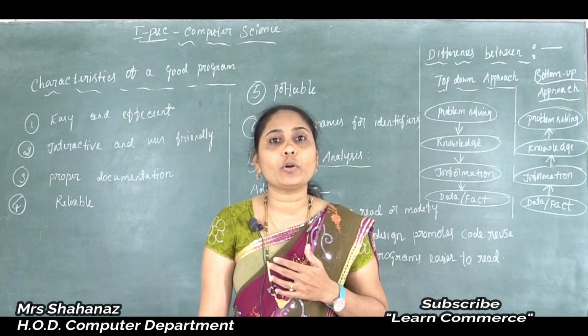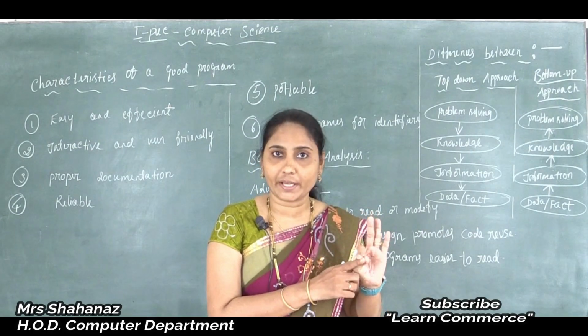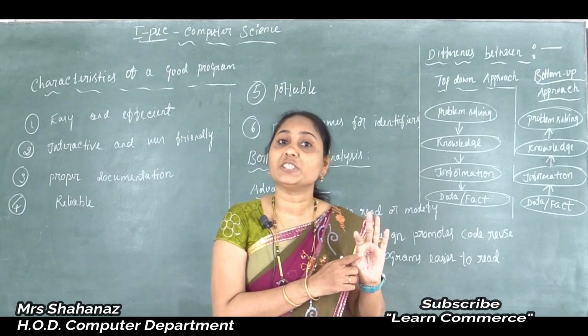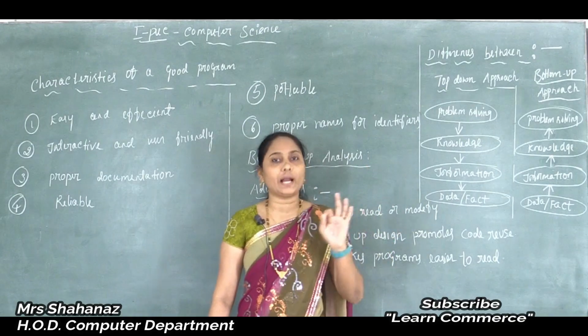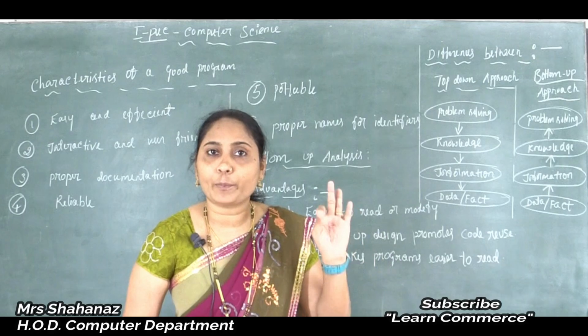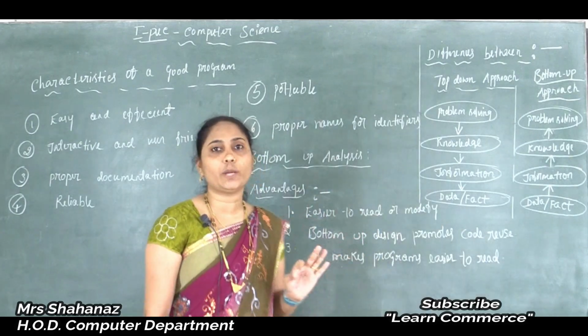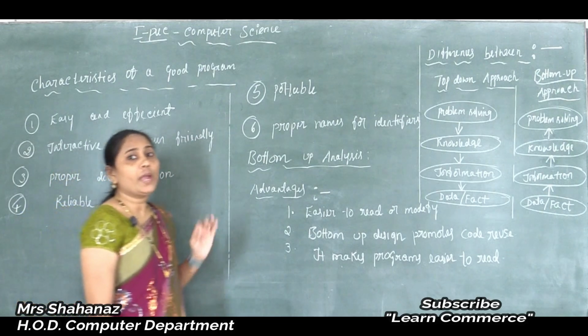The program should be easily understood, easily read, and easily debugged. So it should be easily, efficiently and properly understood. If a program can be understood easily, efficiently and properly, such a program is called a good program.